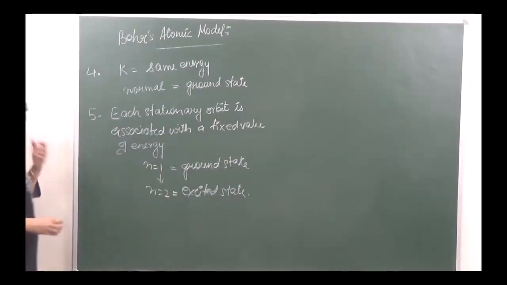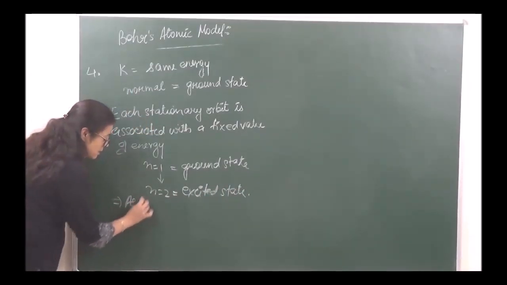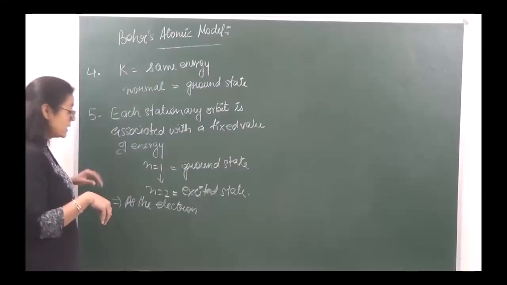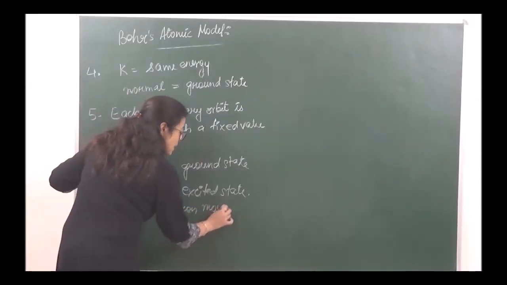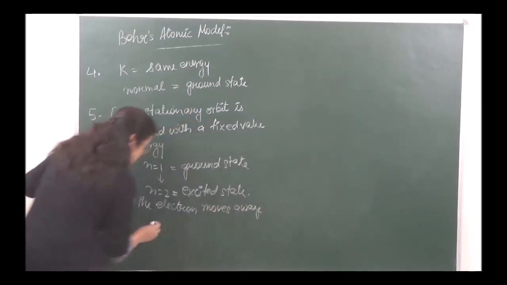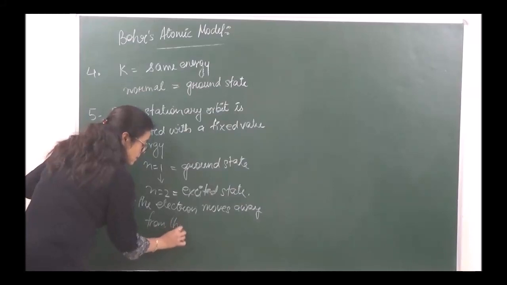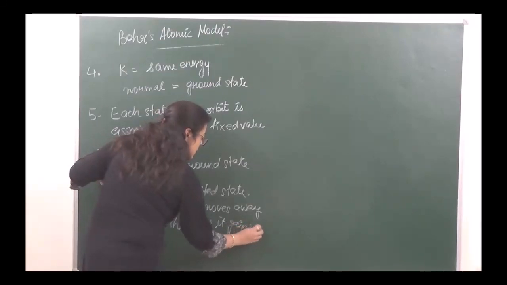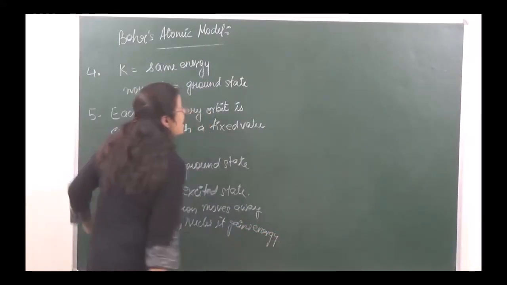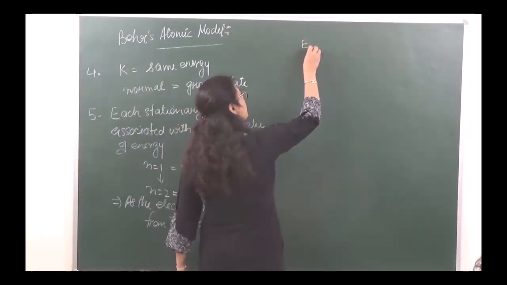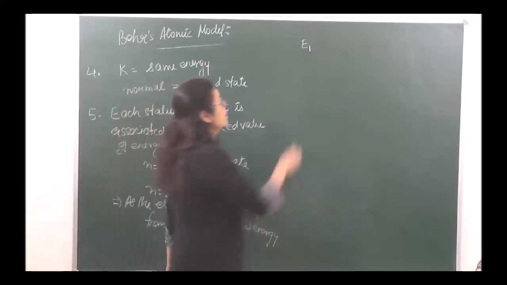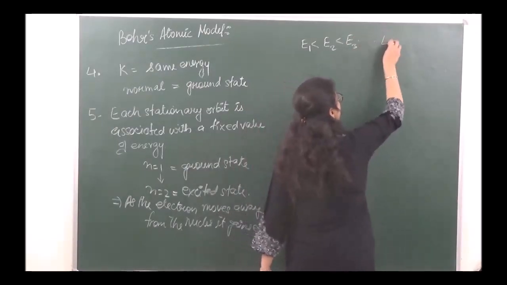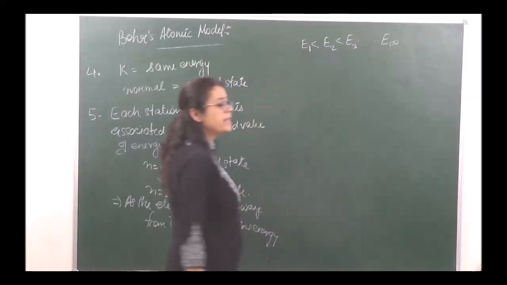As the electron moves far from the nucleus, it gains energy, which means that the energy of E1, the first orbit, is minimum, then the energy of E2, then the energy of E3, and so on, and the energy at infinity is highest.